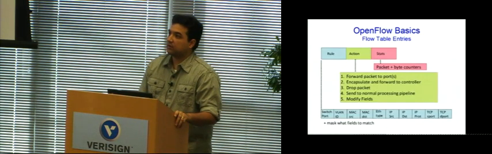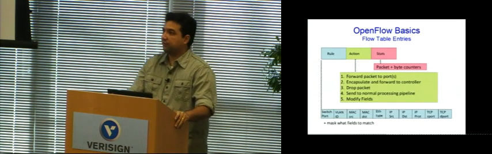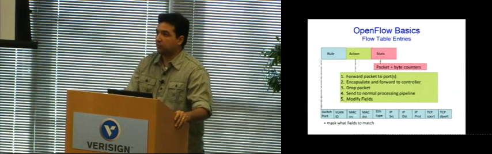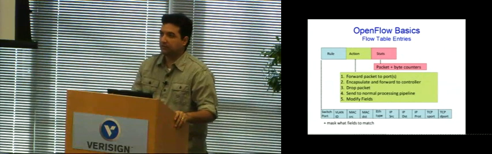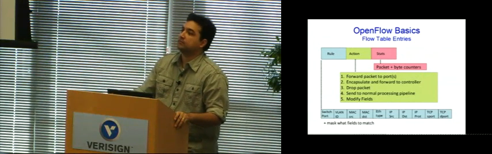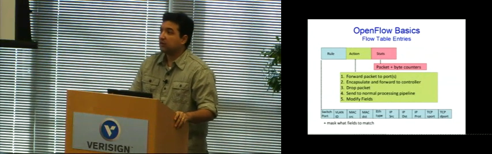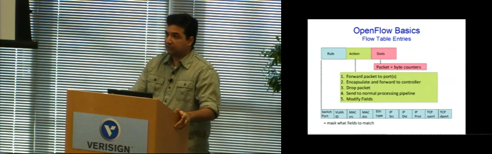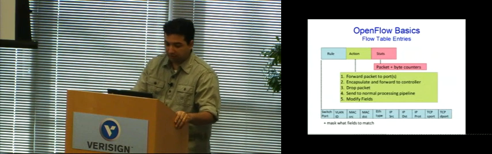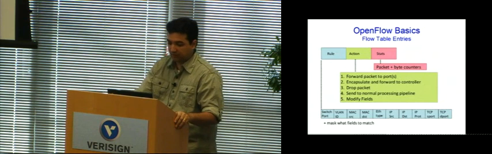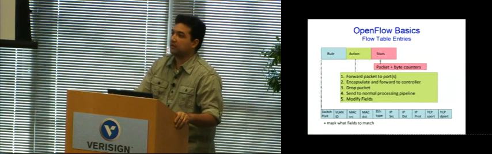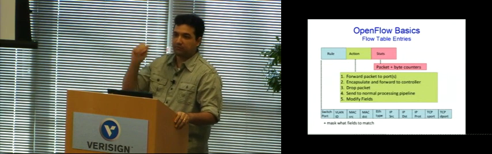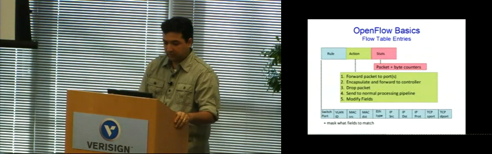So let's see. Flow table entries are basically a rule. You have several parameters from different layers of the network stack. You have actions that you could program, like forward packet to port, encapsulate and forward to controller, drop a packet, send to the normal processing pipeline, modify some field that you previously set.